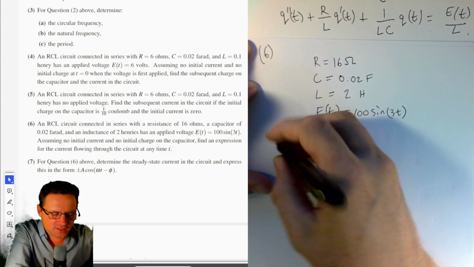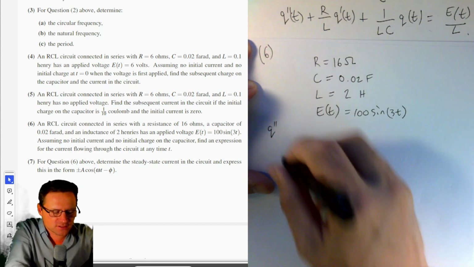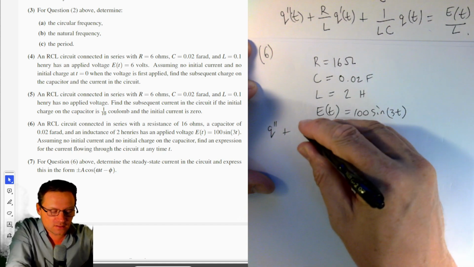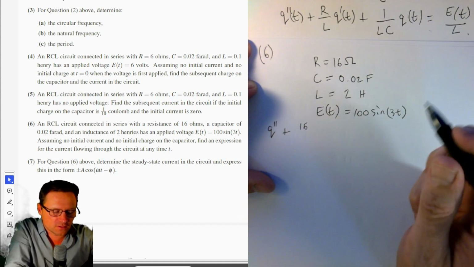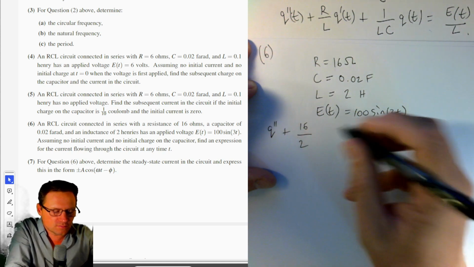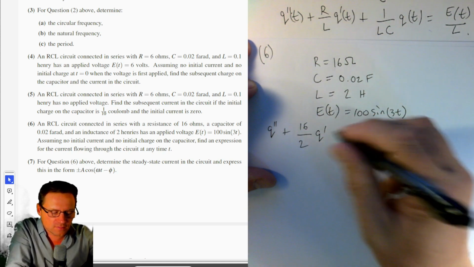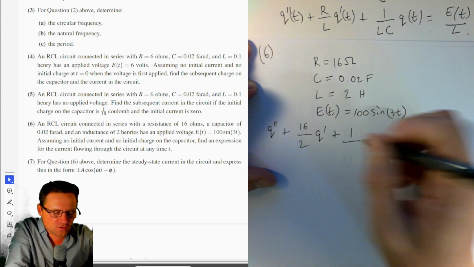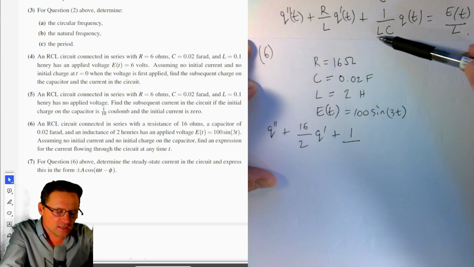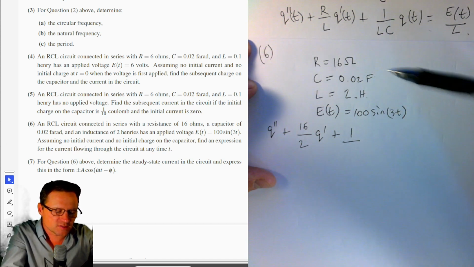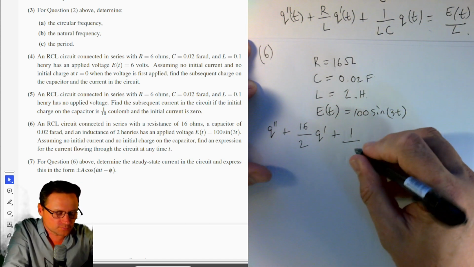to find our differential equation. So q double dash plus 16 over 2 q dash plus 1 over LC, so 2 times 0.02.